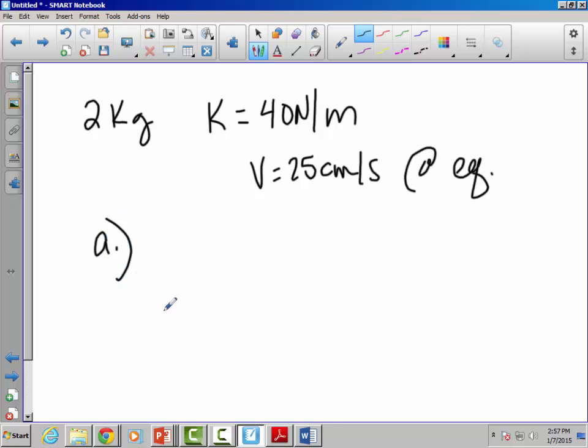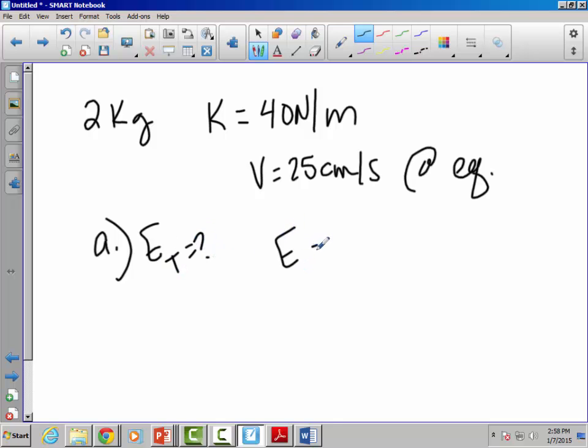I don't want you guys to freak out and think that you automatically have to use those sine and cosine functions. You really don't. We can still use our traditional energy ideas, but I presented those to you in case they're giving you values like angular velocity and angular frequency and all of that. But the first part here is, what is the total energy of the object?